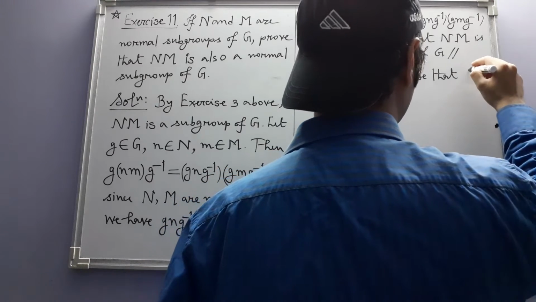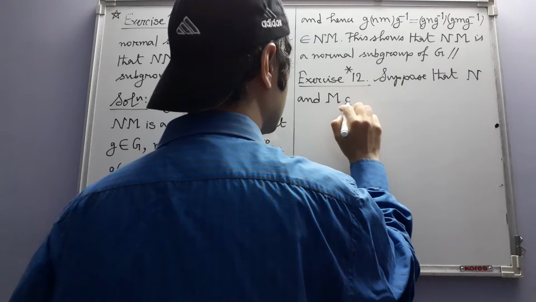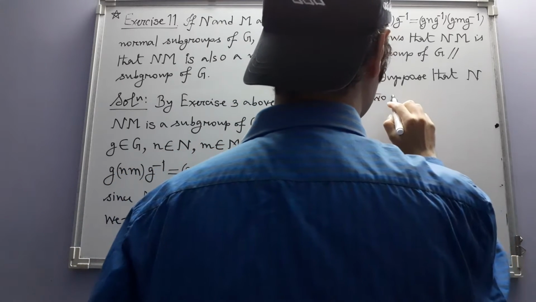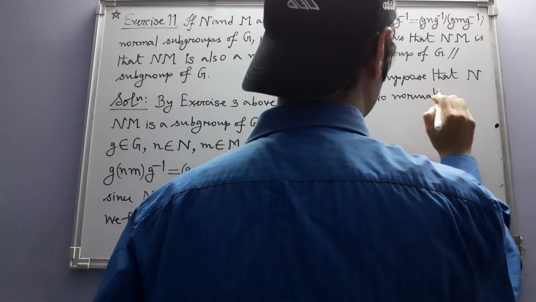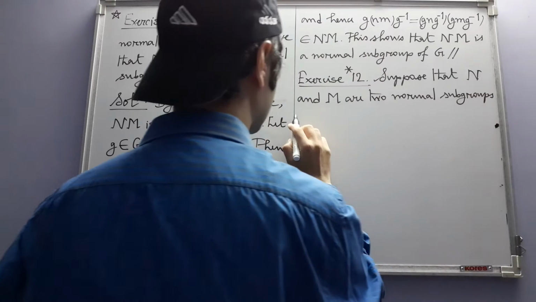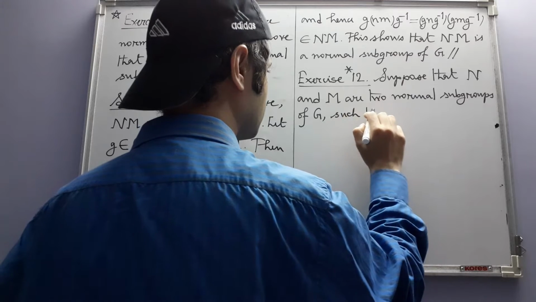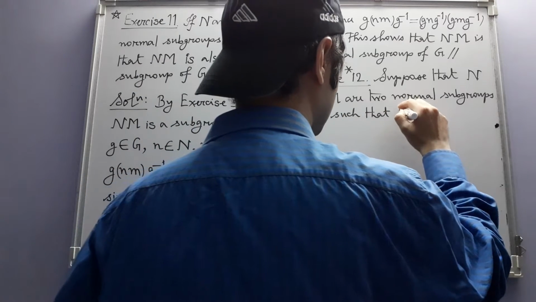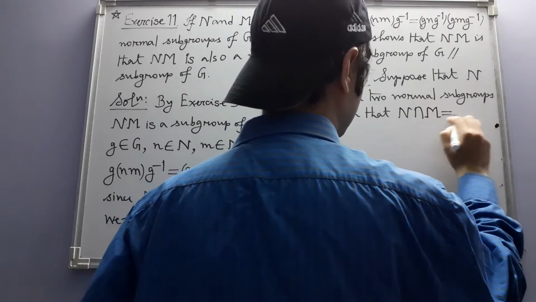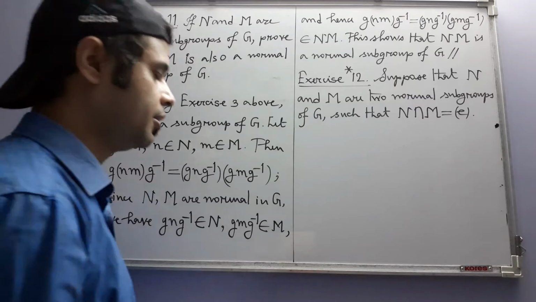Suppose that N and M are two normal subgroups of G such that their intersection is the trivial group consisting of the identity element.